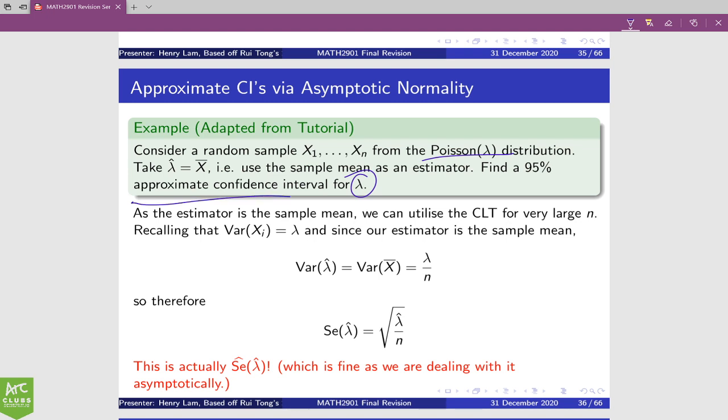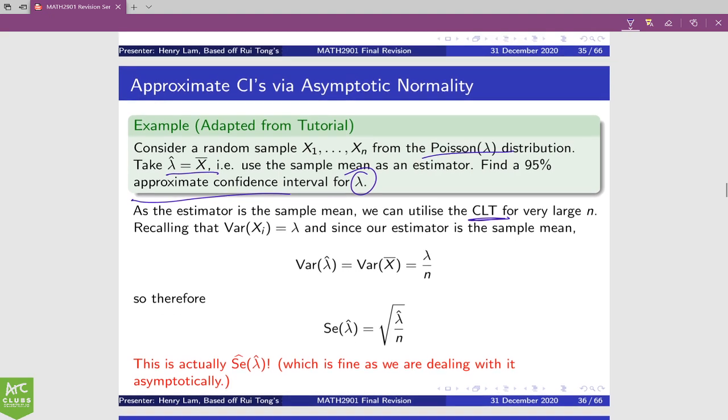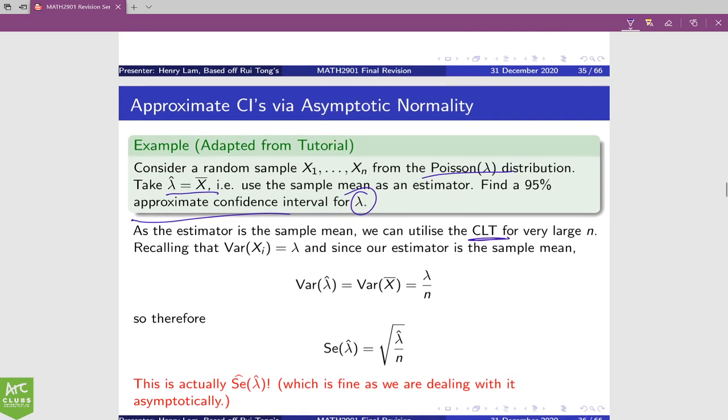We consider this estimator, the sample mean, because you want to use CLT, and we also know it's unbiased anyway, so it's pretty good, because the mean of Poisson is the parameter. So that's pretty good overall.